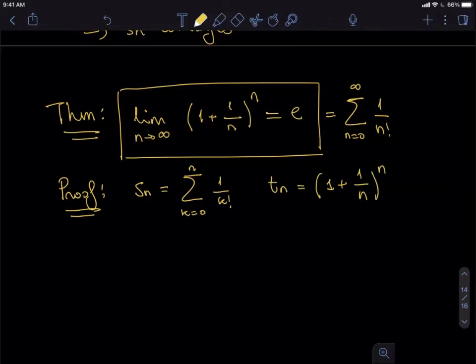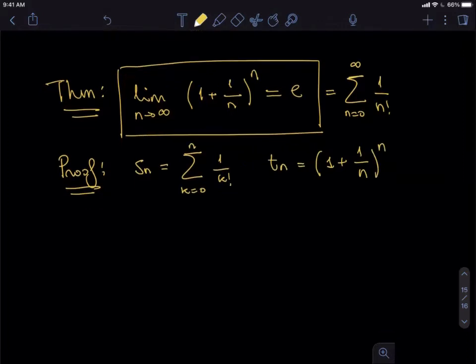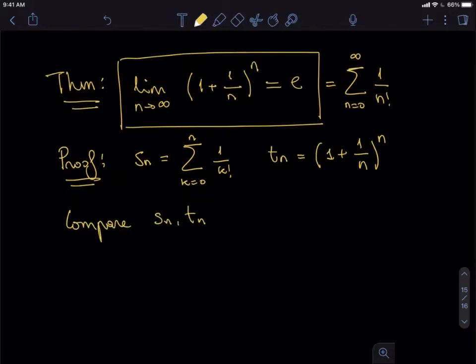And let us compare Sn and Tn. Okay, here there is a bit of a manipulation. We take Tn, 1 plus 1 over n to the power n.